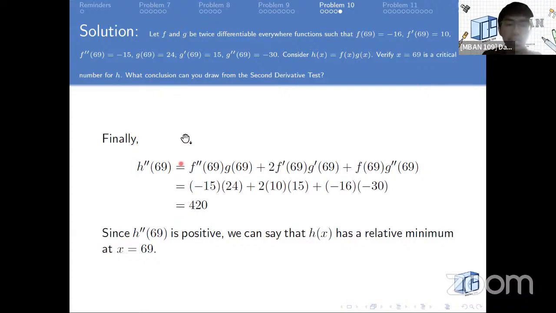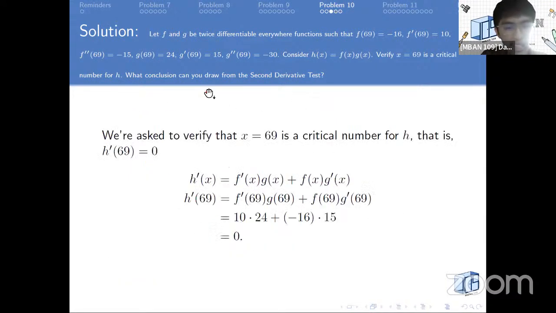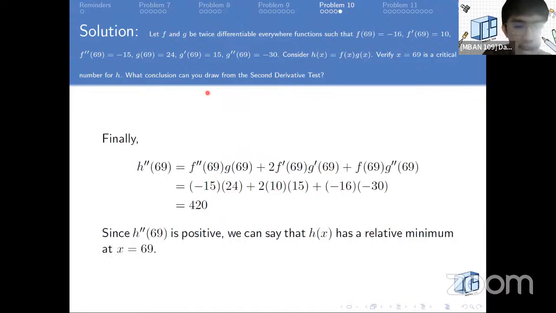Ngayon napakita natin, na-verify natin na ang h prime of 69 ay 0 at h double prime of 69 ay 420. So balik tayo dito.